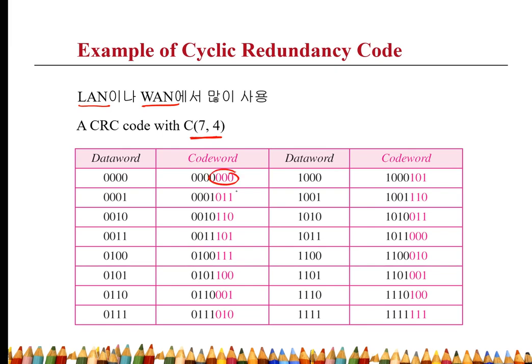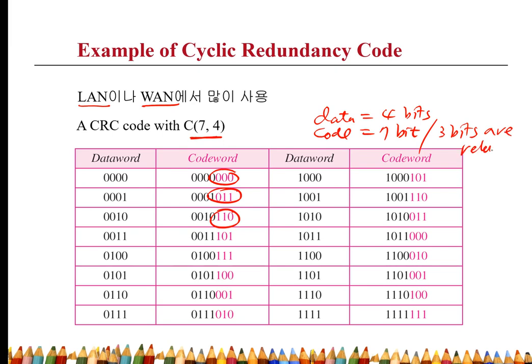They add 3 more bits to the input data word of 4 bits. Here the data word size is 4 bits, but the code word size is 7 bits. So 3 bits are redundant code.